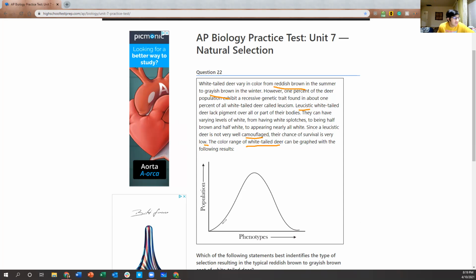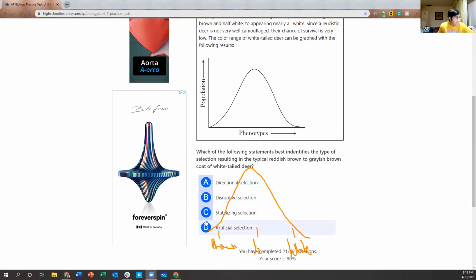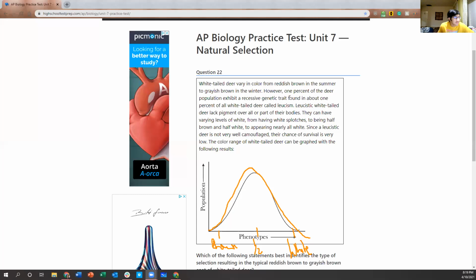So it was right what I was doing before, because this is just leucistic deer. This is not the other deer, just leucistic. So since there's a stable mean here, this would be stabilizing selection because it's just half and half, right?